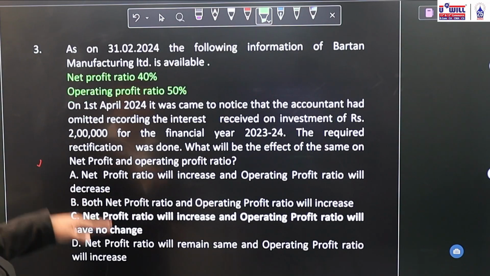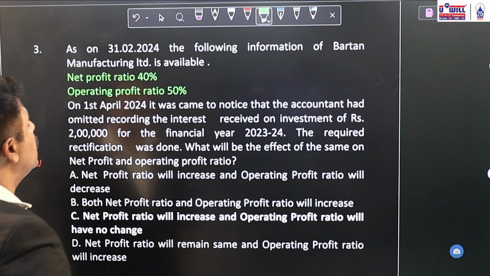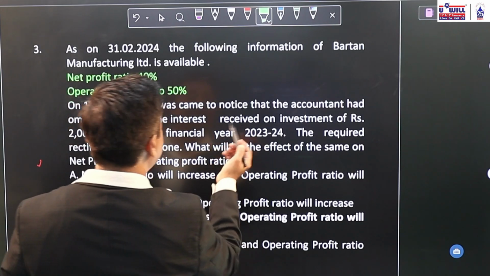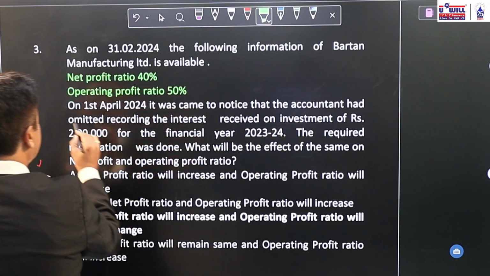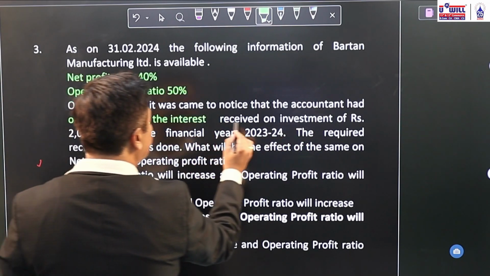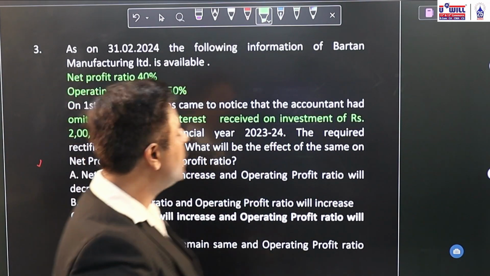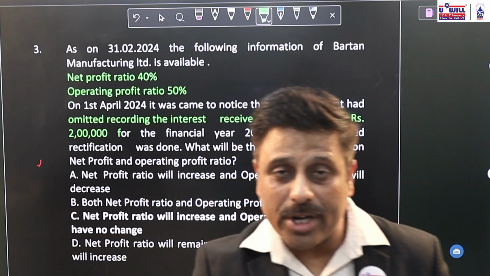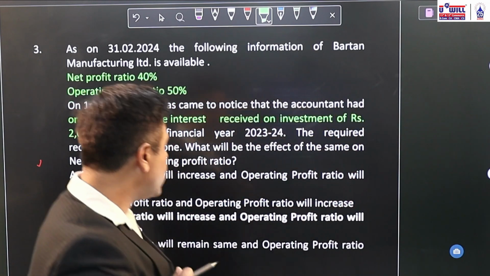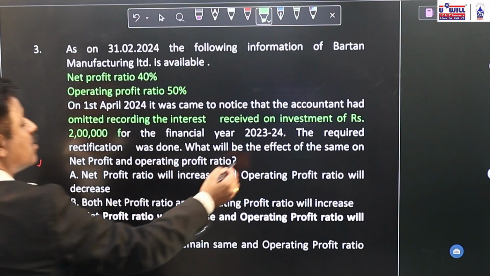Now on 1st April 2024, it came to notice that the accountant had omitted the recording of interest received on investments of rupees 2 lakhs for the financial year 23 to 24. You did not record interest on investments. The required rectification was done.